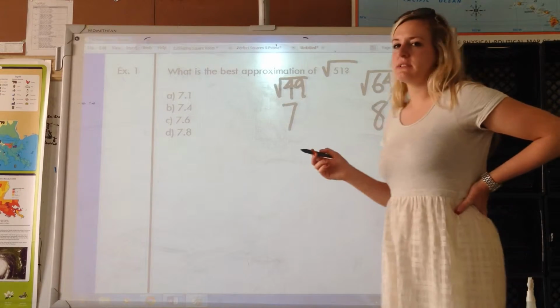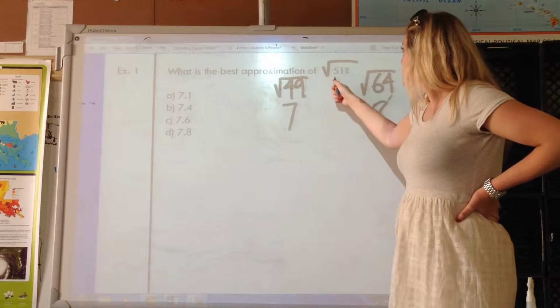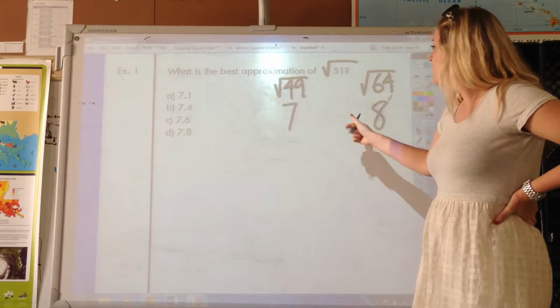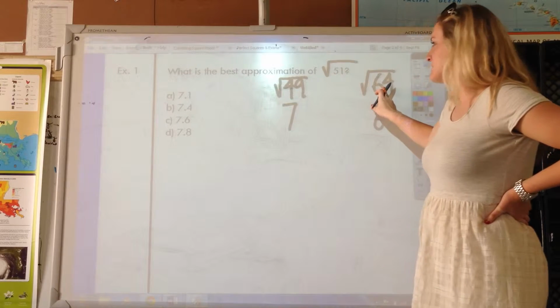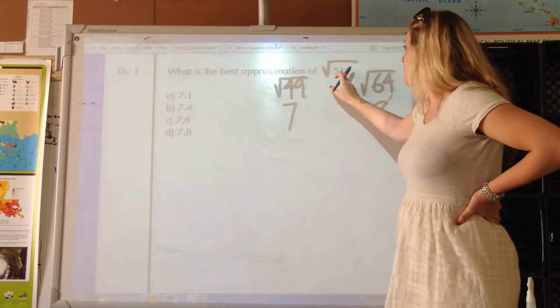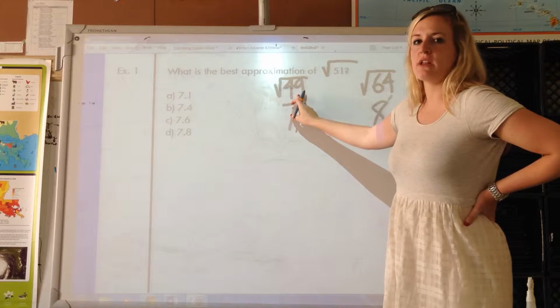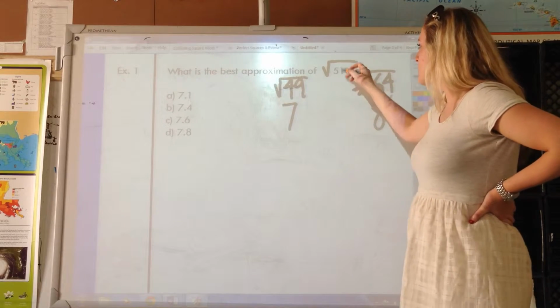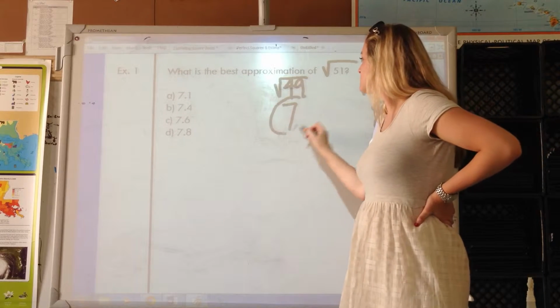So then my next step is to figure out, is the square root of 51 going to be closer to 7 or closer to 8? So let's go back to our numbers that are inside the radicals. 51 is a lot closer to 49 than it is to 64. So I'm thinking that the square root of 51 is going to be closer to 7.